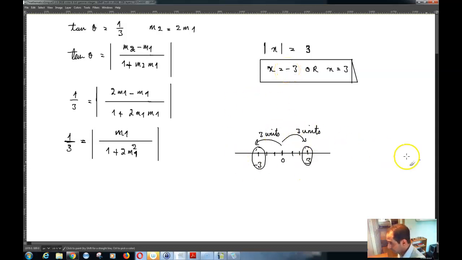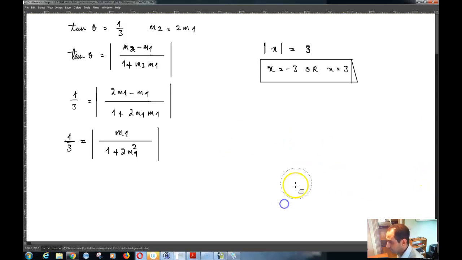So basically you can do the same thing over here, and a little more formally, what we say about the absolute value function is that the absolute value of x is equal to x if x is greater than or equal to 0, and it's equal to -x if x is less than 0.